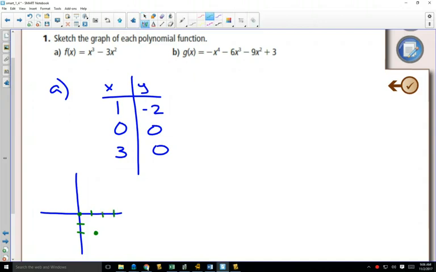Okay. -3, -2. Plug in -2, you're going to get -8 minus 3 times 4, 12, -20. Okay, please correct me if I make any mental math errors. -2, -1, this is 3.